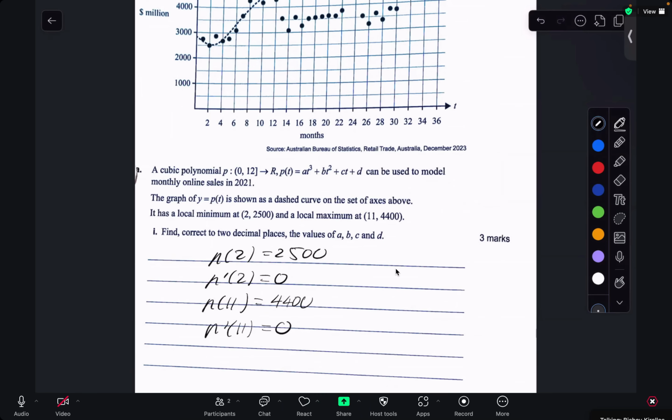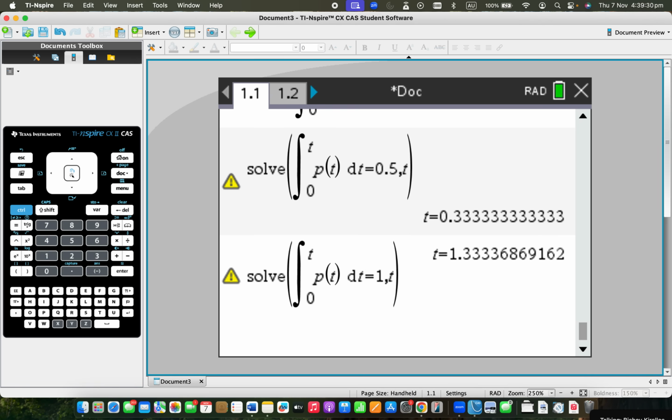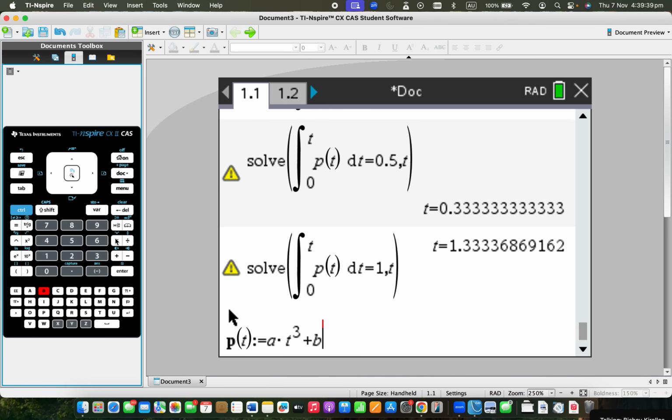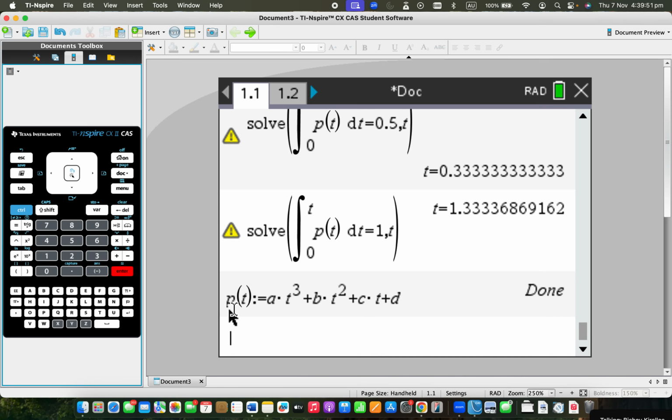So let's define P of T as A times T cubed plus B times T squared plus C times T plus D. And then we also want to define dP of T as the derivative.